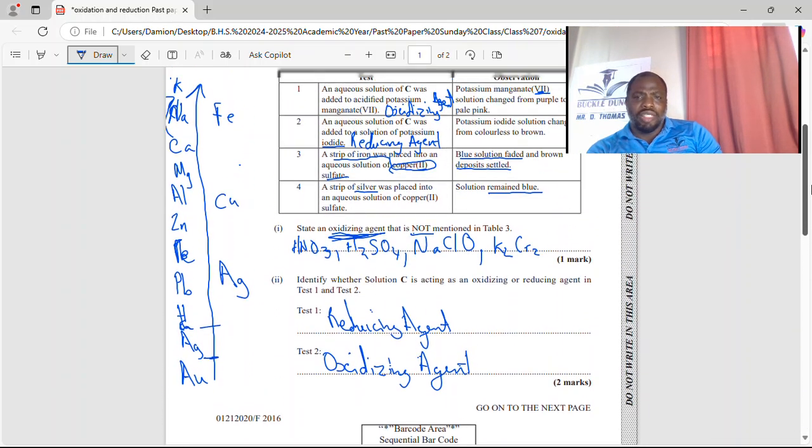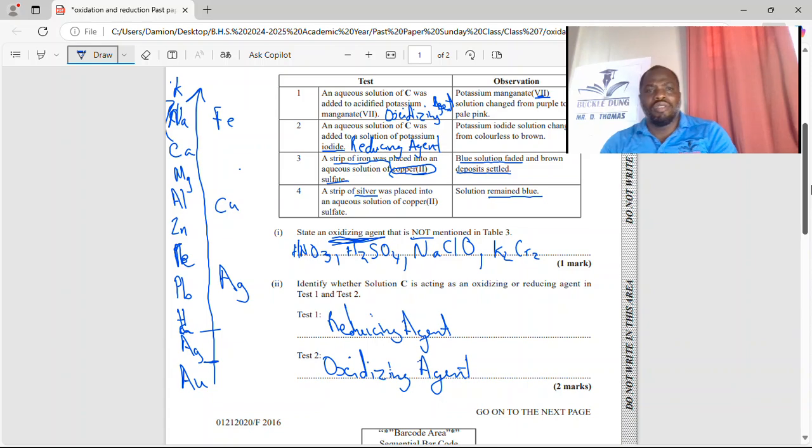Again, if you notice, nothing came up here. What you find is that you see the compound solution C, compound C, and I heard Miss mentioning the peroxide.